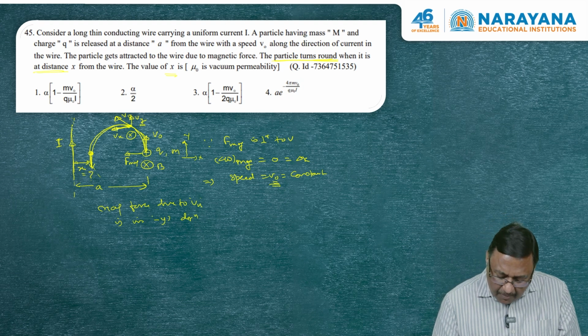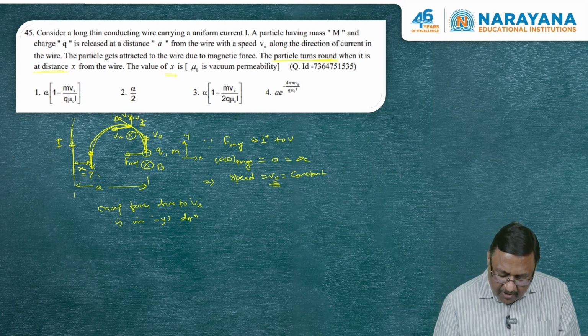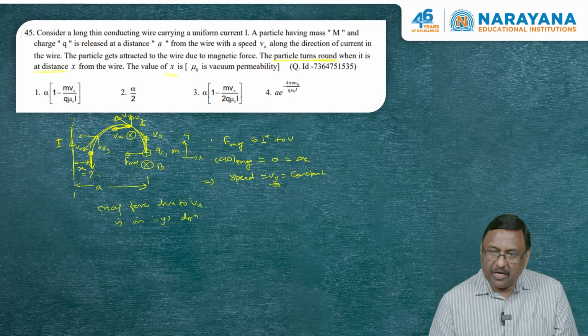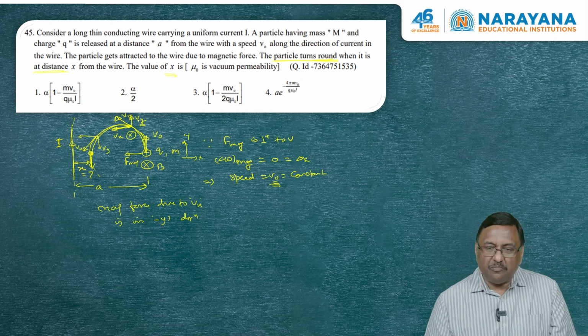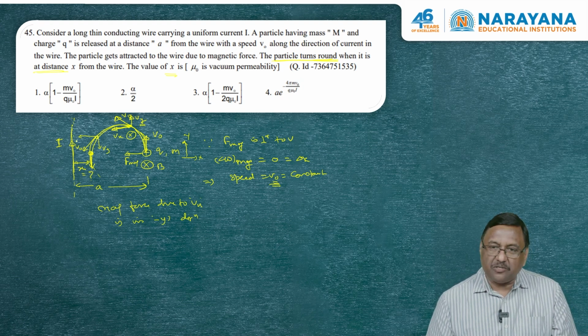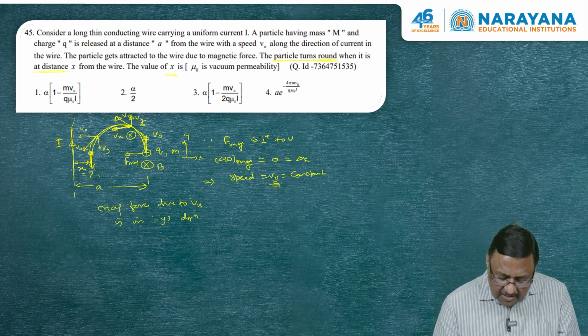See, I'm writing Vx everywhere. If my particle is here, or at any position, I can write it has a Vx component and a Vy component. Vy is reversing its direction, but my Vx is not reversing its direction.